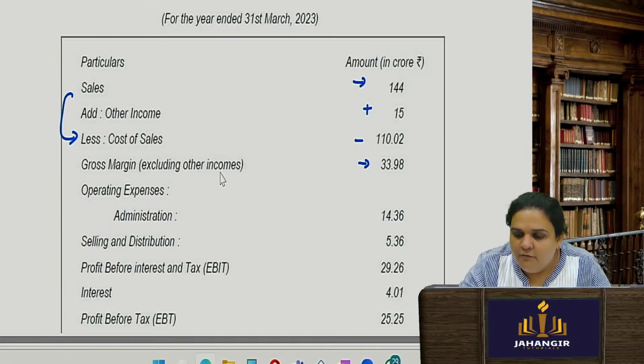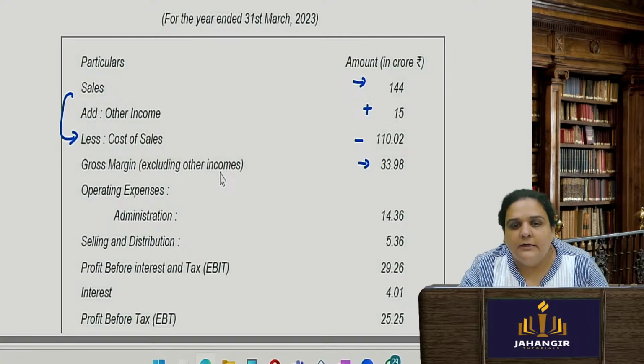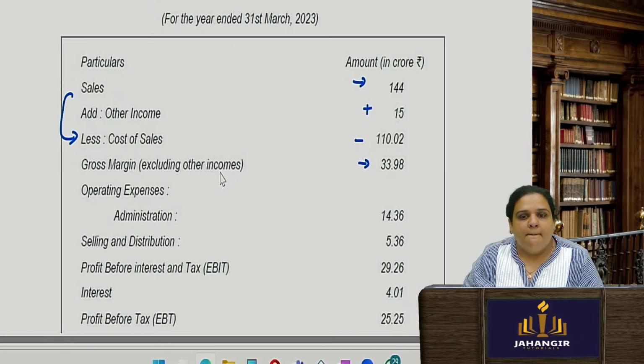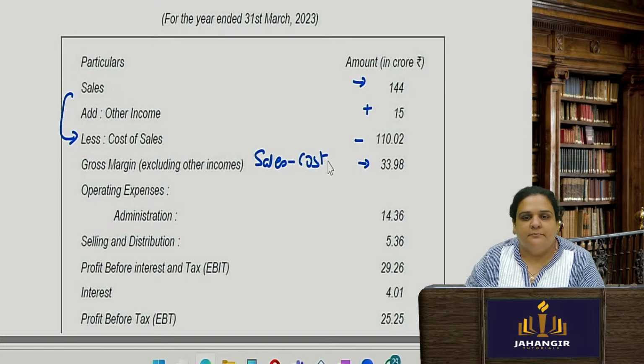See, 144 minus 110.02 is 33.98, no? Yes, they have taken sales minus cost of sales, only then you will get gross profit.